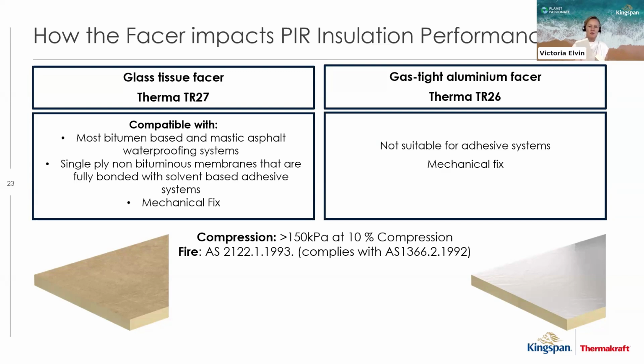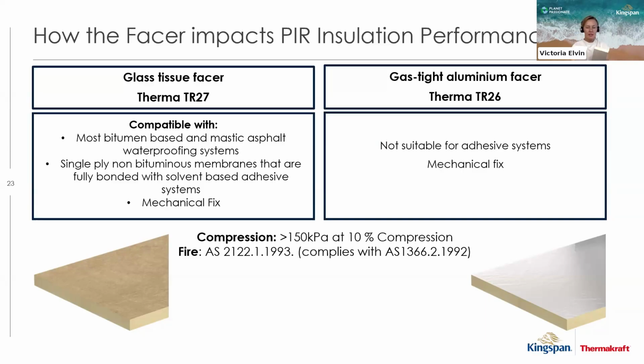Single-ply, non-bituminous membranes are also used that are fully bonded with solvent-based adhesive systems. So I can adhere my board into my warm roof system, or I can mechanically fix it. But a gas-tight aluminium facer, this product, TR26, for example, is not suitable for adhesive systems and is mechanical fix only.